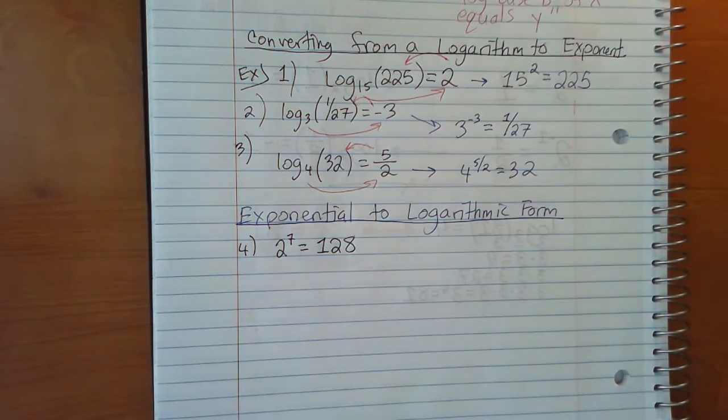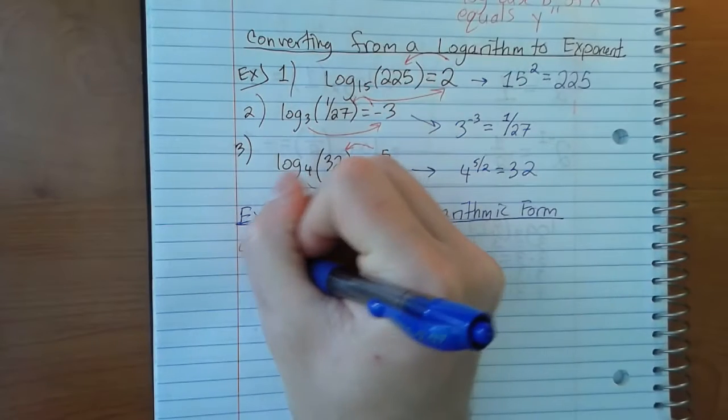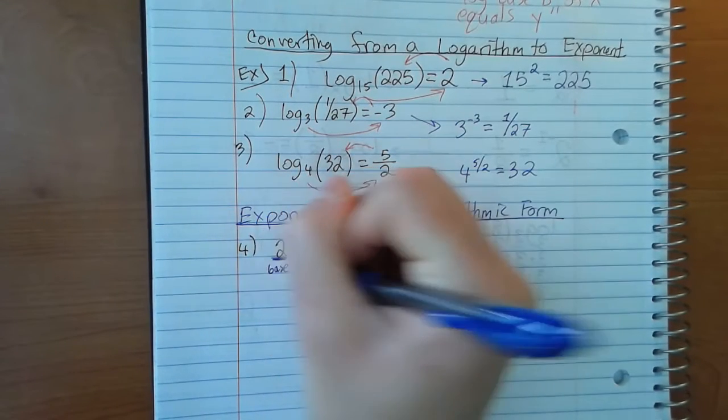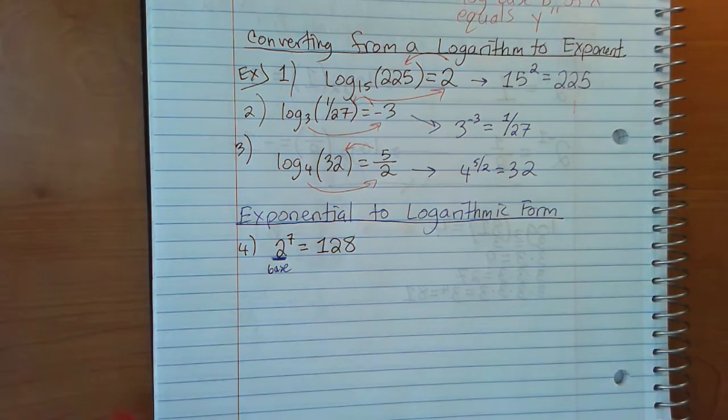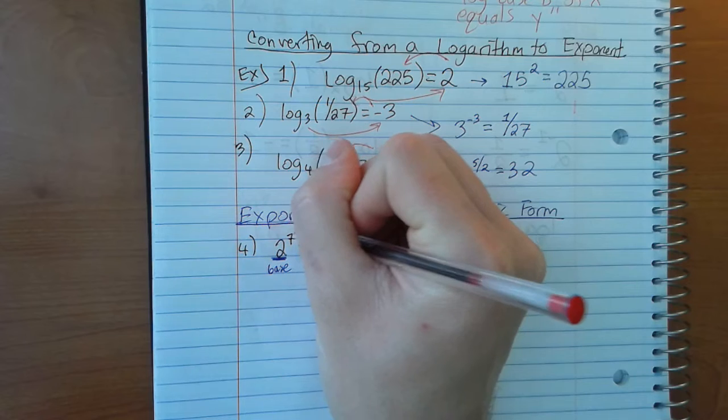Next, we're going to talk about going from exponential to logarithmic form, which is a little bit harder, but we just need to remember the key words here. We just need to remember that the 2 right here is the base. And we need to remember that the 7 right here is the exponent.